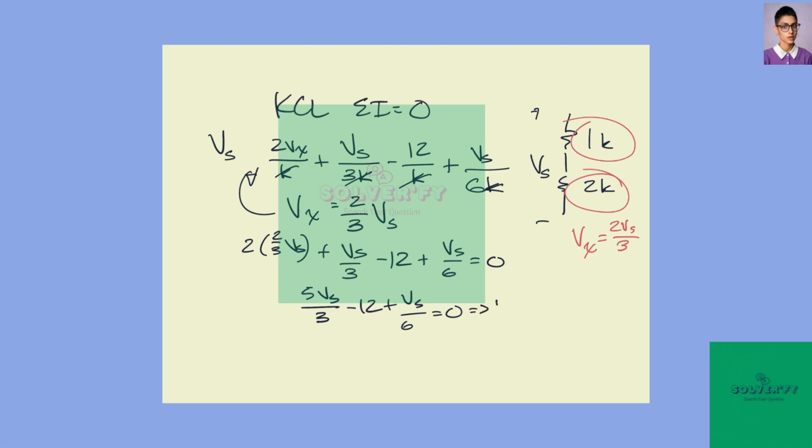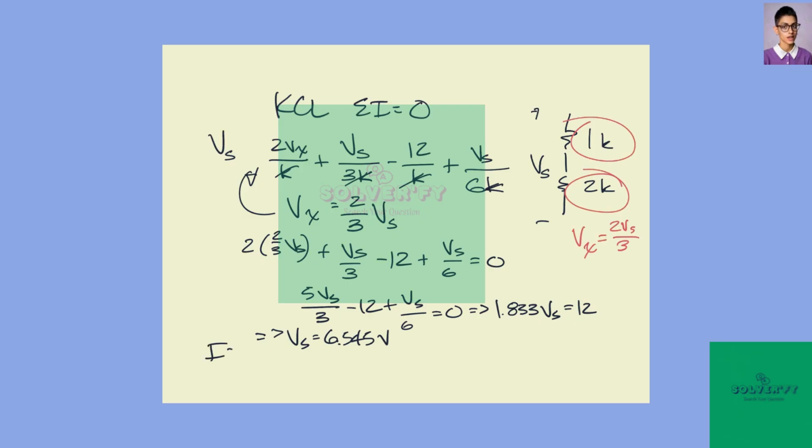And so 1.833 V sub s is equal to 12, and therefore V sub s is equal to 6.545 volts. That I can use to find out what I naught is. I naught is the current in the farthest right-hand branch.